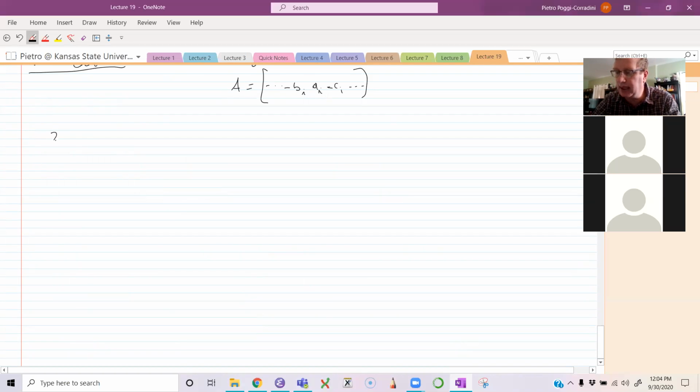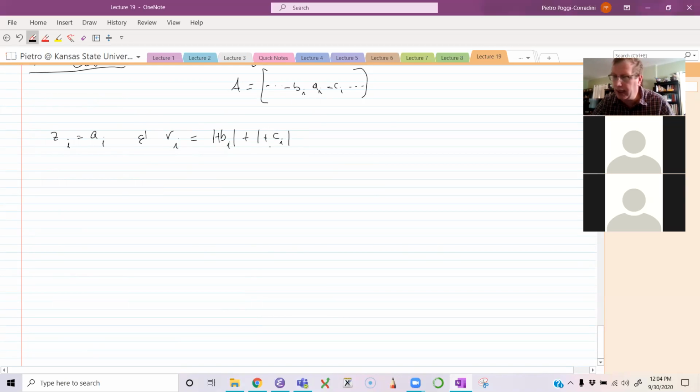That means that Zi is Ai, and Ri, I'm just translating it into the Gershgorin theorem, Ri is just the sum of minus Bi and minus Ci, so you get rid of the signs.